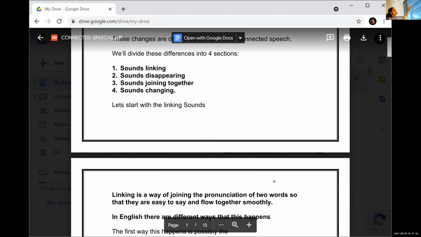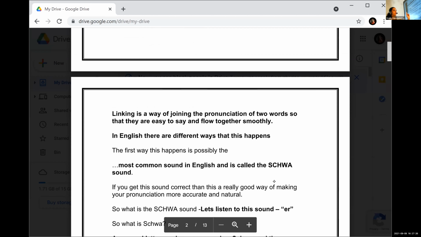So the first way of linking sound is using the schwa sound. The most common sound in English is called schwa. If you get the sound correct, this is a really good way of making your pronunciation more accurate and natural.